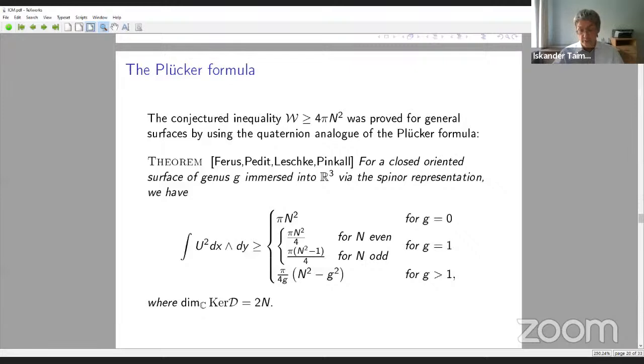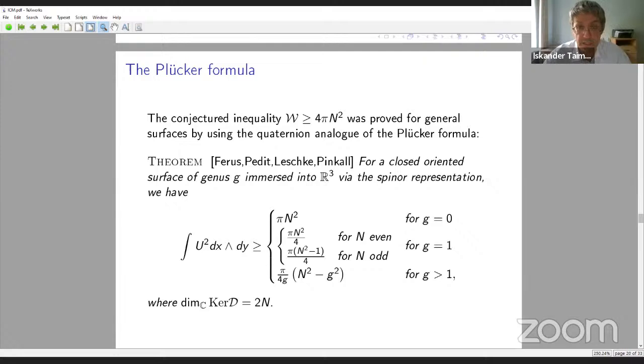And the conjecture of mine was proved by Ferus, Pedit, Leschke and Pinkall by a very nice argument. They use so-called quaternionic algebraic geometry. They consider this Dirac operator as a kind of Delbar operator in quaternionic bundles, with some potential.